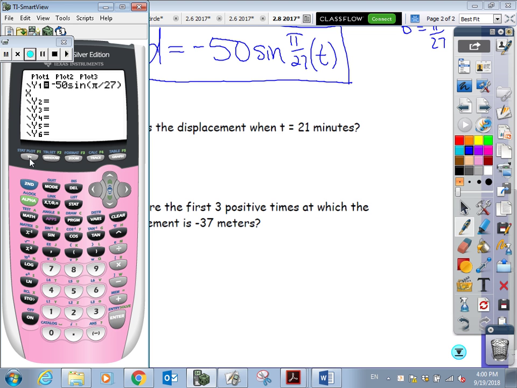Because in my y equals, I want to plug in 21 for x. So instead of typing that whole problem in, I can just pull up my first equation. So vars, y vars, y1, I've already stored x as 21, so I can plug that in, and, oh, I did something wrong.